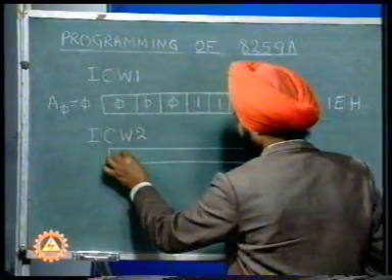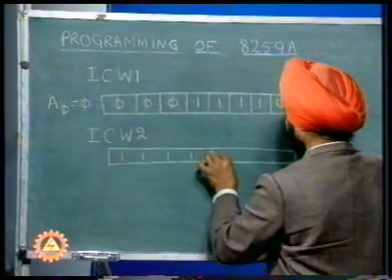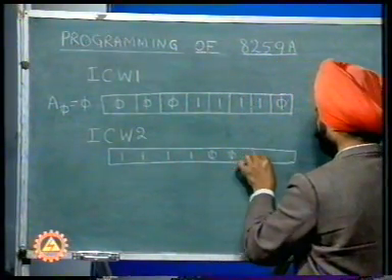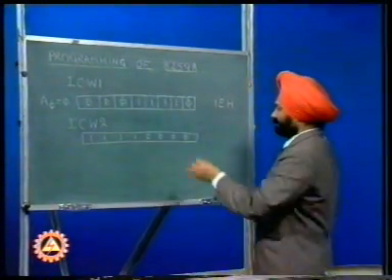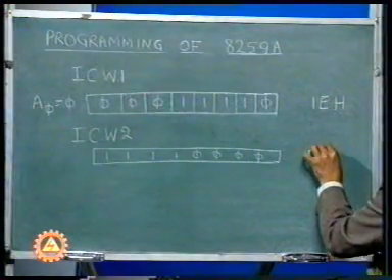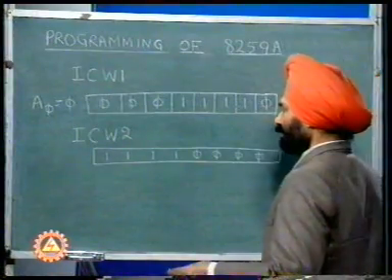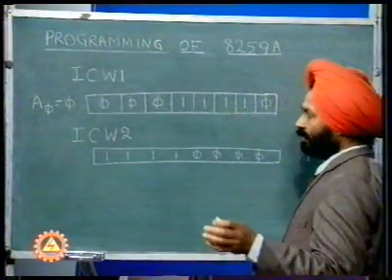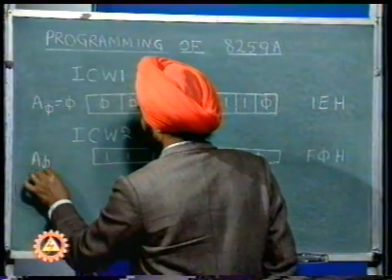Suppose we put them as 1, 1, 1, 1, 0, 0, 0 and 0. Now, this binary value comes out to be equal to F0 in hexadecimal. Now, ICW2 is loaded into the controller by keeping A0 equal to 1.